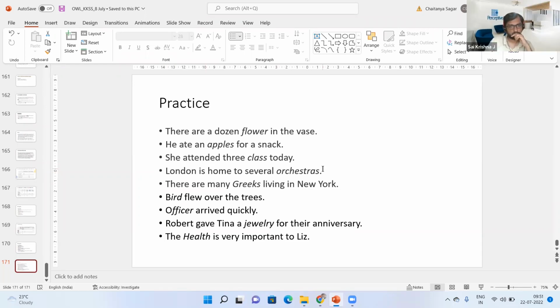Actually, it is fine because you're talking about London being home to several orchestras, basically all the different types of orchestras which are available in London. So several is very appropriate here. Several is very much used because London cannot have just one orchestra; there could be multiple different types of orchestra and you're highlighting those things. Because there are types of orchestras, several is used and it has been pluralized. So it is appropriate. That was the fourth one.